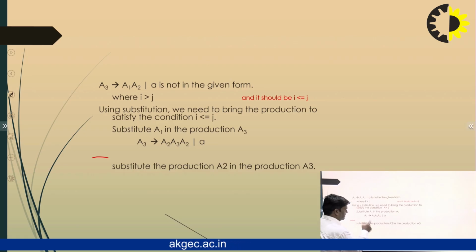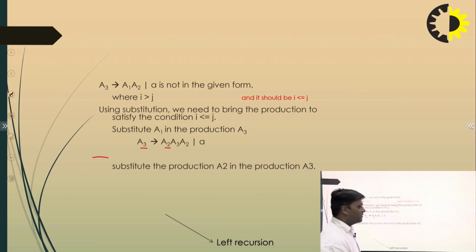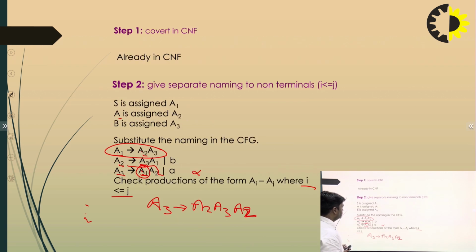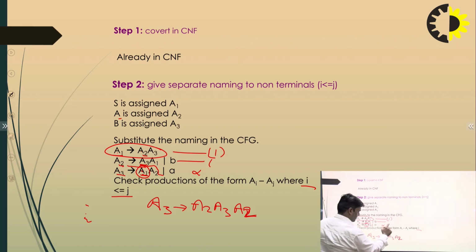Now check the condition i is less than or equal to j. Here i equals 3 and j equals 2. That is also not in the form of i less than or equal to j. Then we have to replace A2 with A3 A1, taking the value of A2 from equation 2.